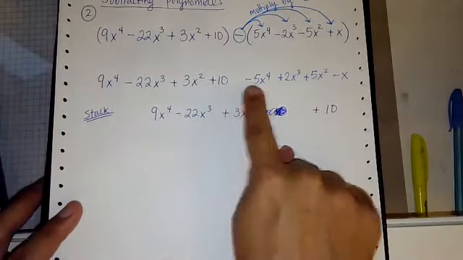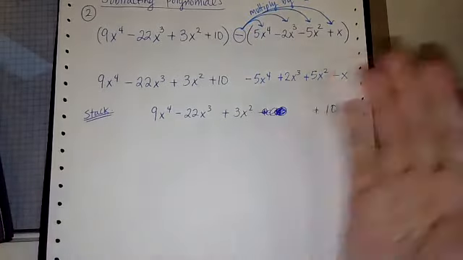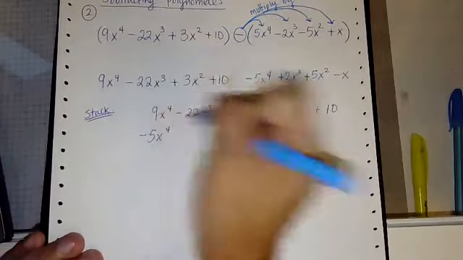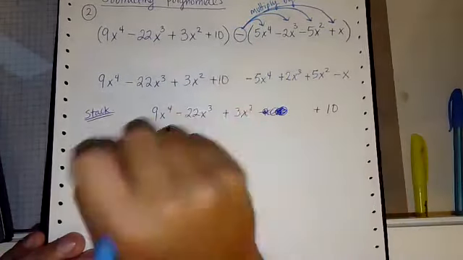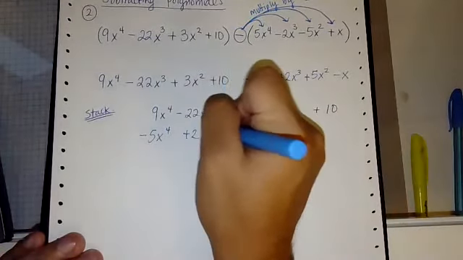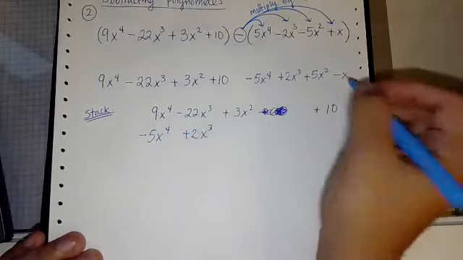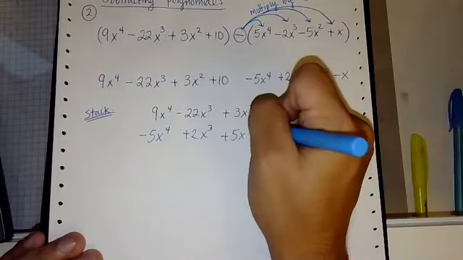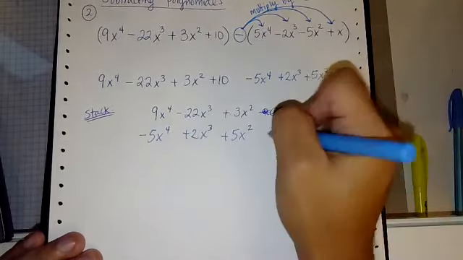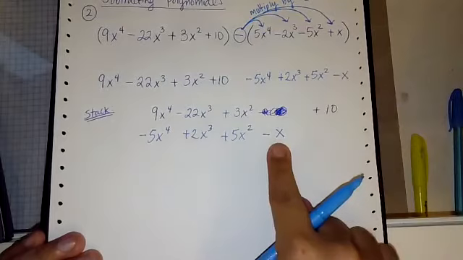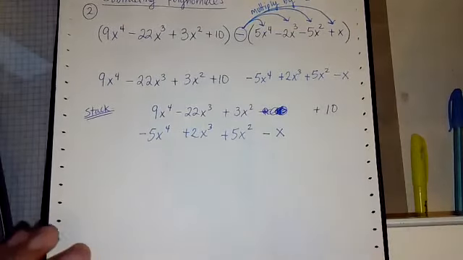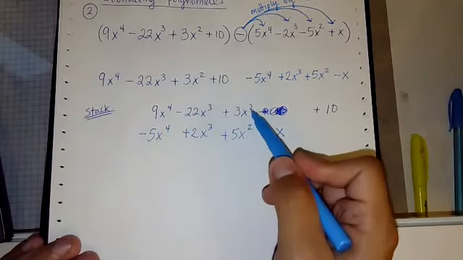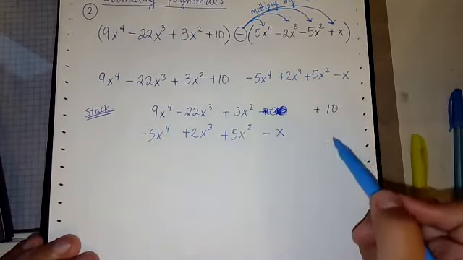It's because when I stack this polynomial underneath their like terms, so -5x to the fourth plus 2x to the third plus 5x to the second, well, I'm going to put minus x right here because I sort of want to keep these in order, right? I want x to the fourth, x to the third, x to the second, x, and then my constant term.